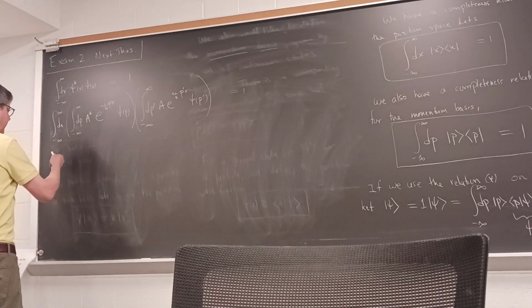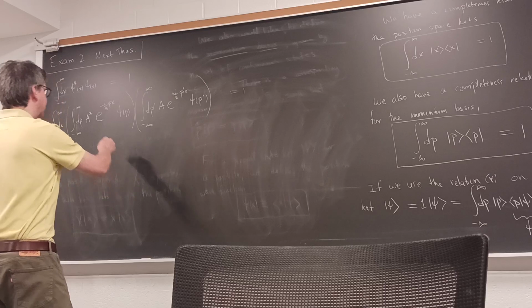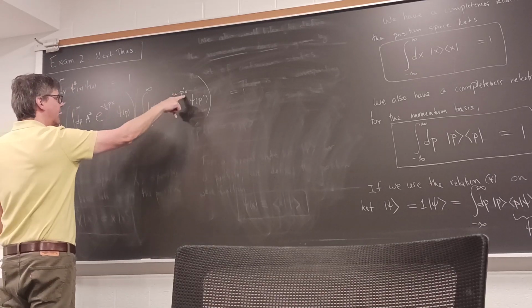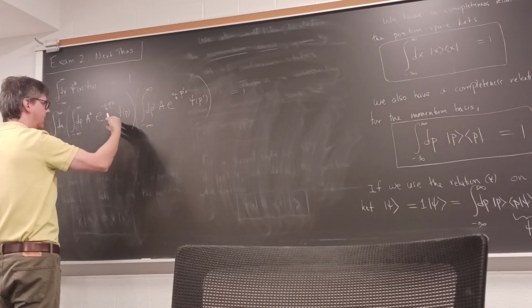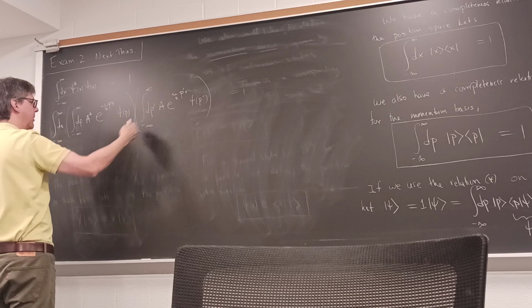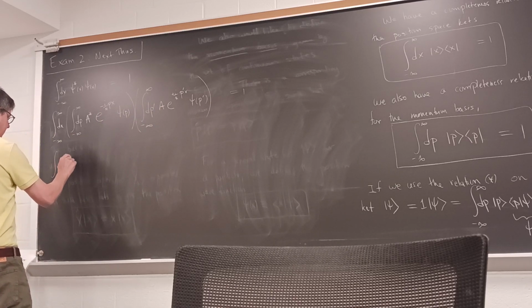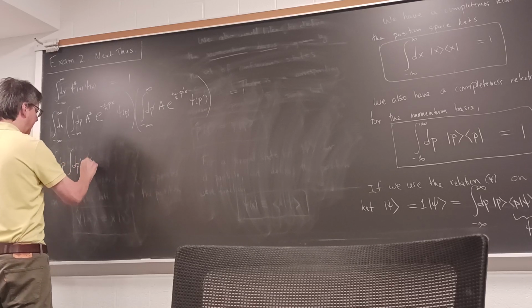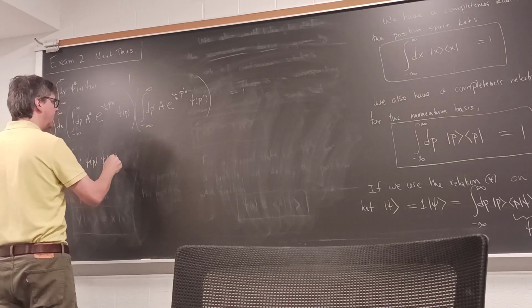Okay, so what am I going to do? I'm going to use my Dirac delta function. That means I want to collect my exponentials. The x is common, the p is not, so I want to be integrating over x here to get a Dirac delta function in p. So I can write this as dp prime psi of p prime.